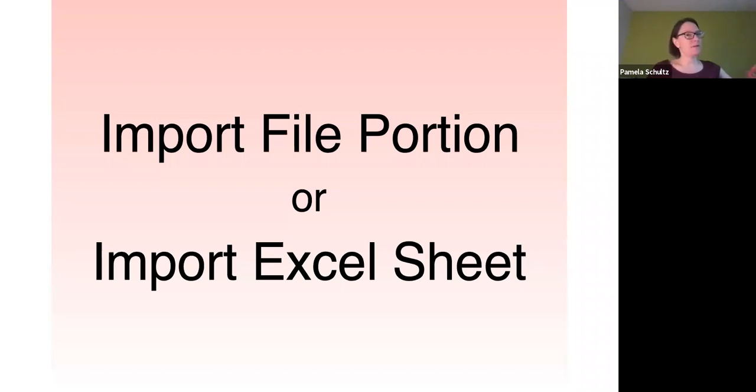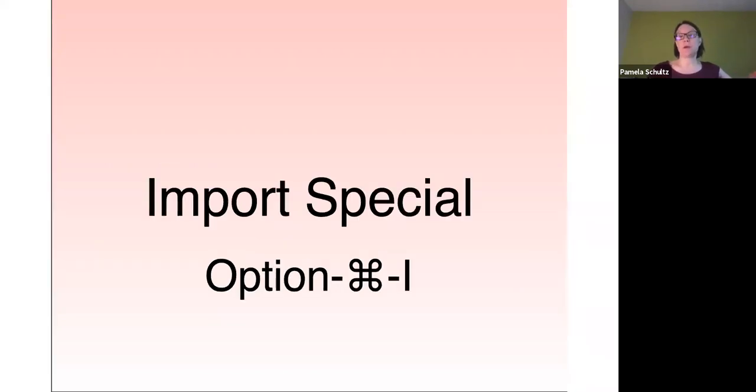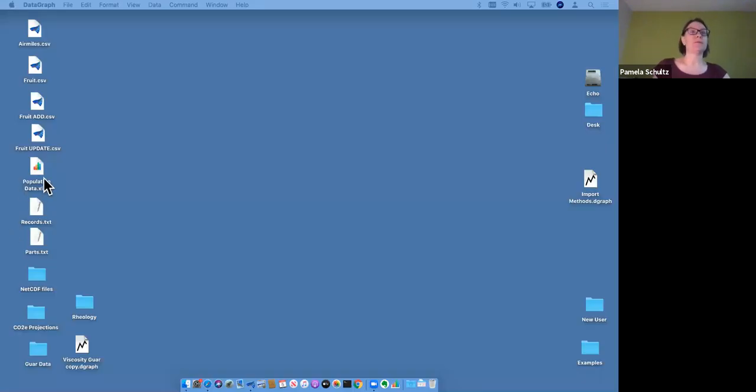These are the simple methods, but they can get you to the more sophisticated method, which is the import special method. Option-Command-I is the shortcut to get this. Import special will really give you all the customization that you need in order to import data. And this is what we're going to go through in this webinar. We're going to go through each of these options and show you some examples.